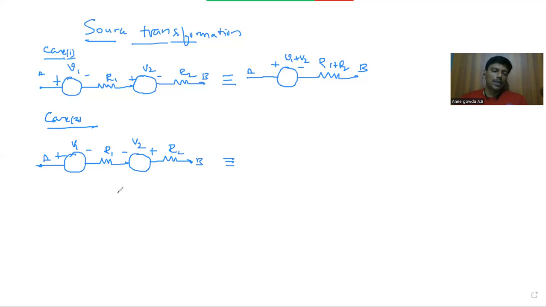But again, two cases will come in this particular condition, whether V1 is greater than V2 or V2 is greater than V1.